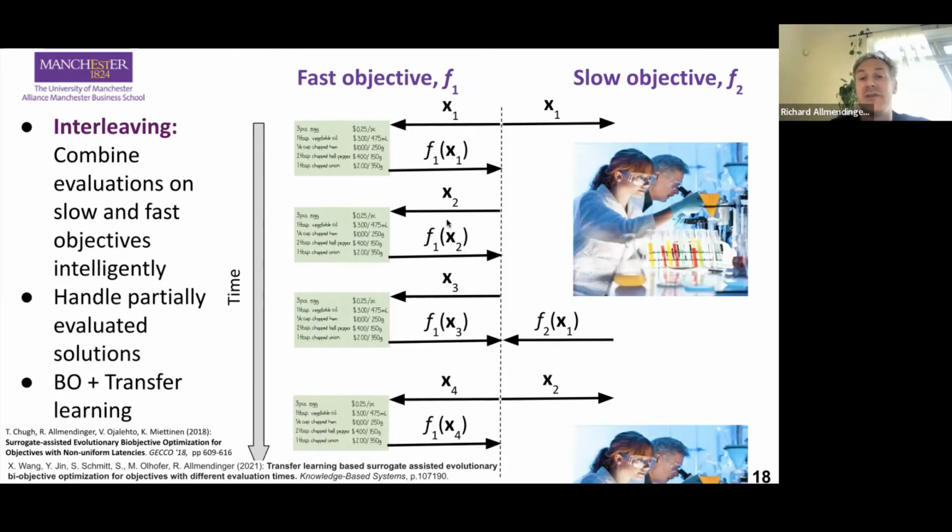The interleaving strategies may use evaluations on the fast objectives as a look ahead to decide which solutions to evaluate on the expensive slow objectives. This can be done in many ways. We have looked at combining Bayesian optimization with transfer learning, and you can see here some of our publications. The most recent one was in 2021.